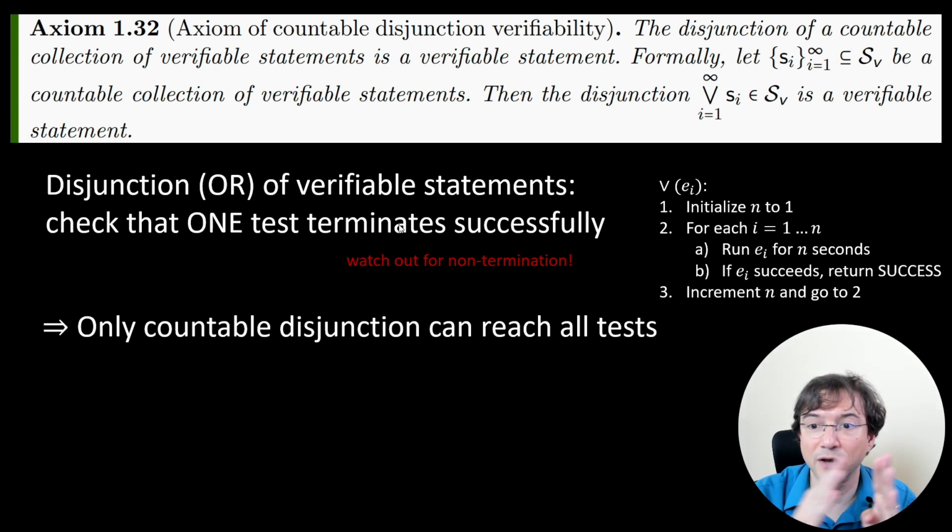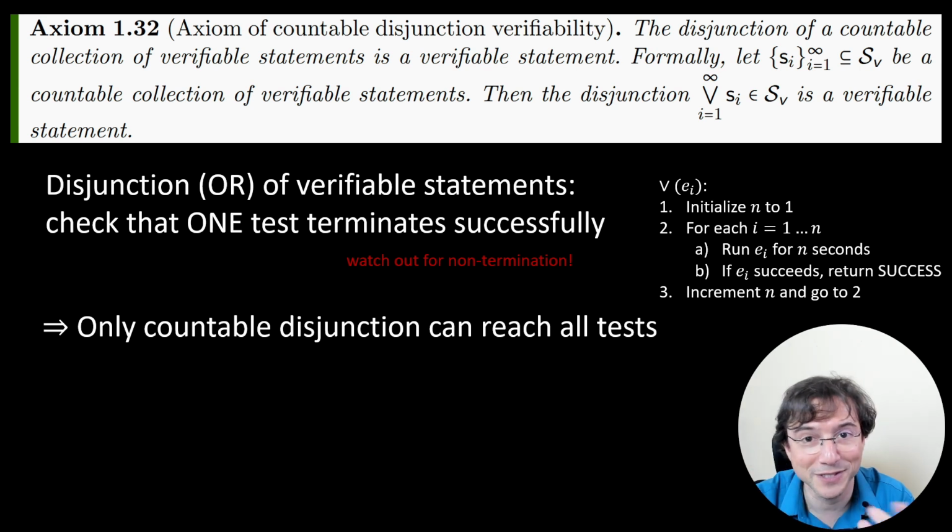So as long as one of the tests in the sequence terminates, then we're guaranteed and we can go away. But we have to be a little bit clever again to show that this can always be done because the test might be stuck. And so I can't just wait for the first test to terminate to test the second, because otherwise I might never test the second.